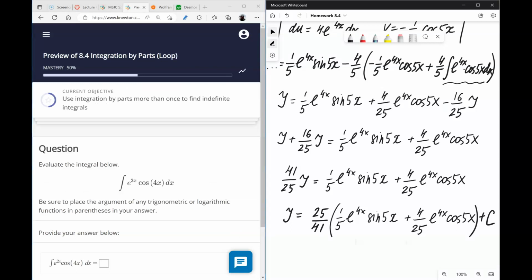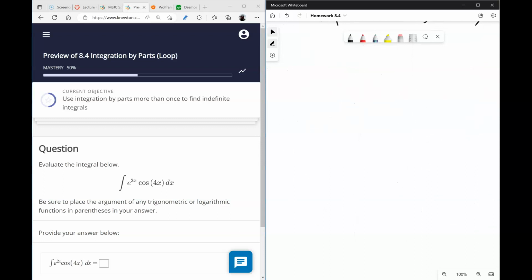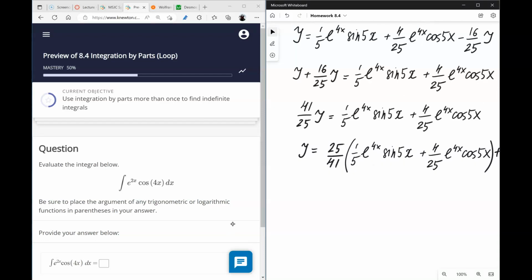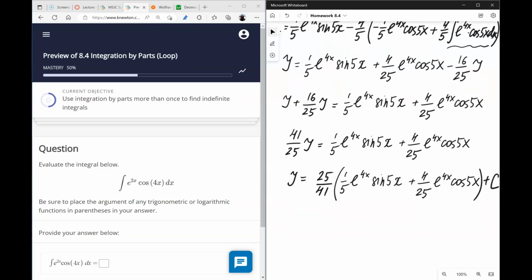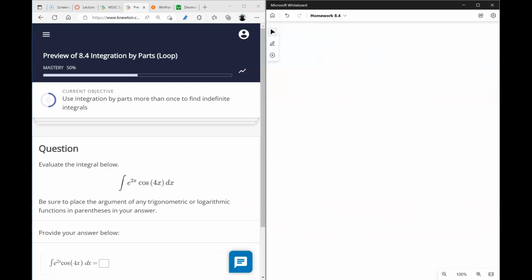Very similar problem, so let's just jump right into it. So this was problem number 2, so this will be number 3. We have the integral, and this one I'll do the other way. Remember, in the previous problem I said you can choose to do your integration by parts in two different ways.